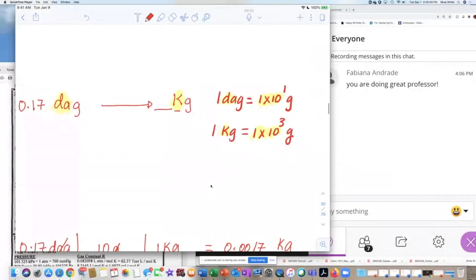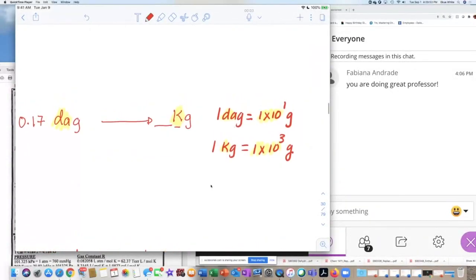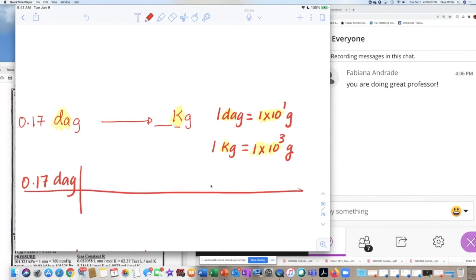Okay, so I have my given number. Ignore these in the bottom here. I have my given number, 0.17 DAG. I have to pick my next conversion. My conversion that works is the one that has DAG in it. Okay, so I'm going to use this one here next. 1 DAG, and this goes with that because they're a combo. 1 times 10 power 1 G. Okay, this is scientific notation.